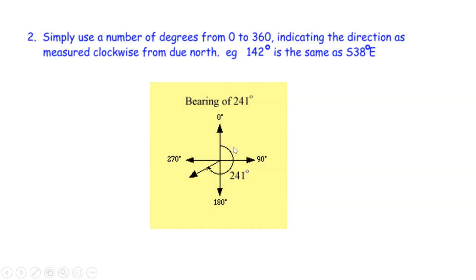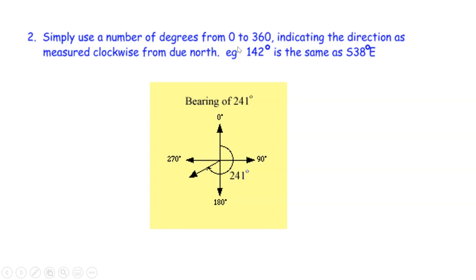So you can give that as an angle of 241. But you can also give this angle in the same way that we gave the one before, as south some number west of south, because you're on the western side of south.